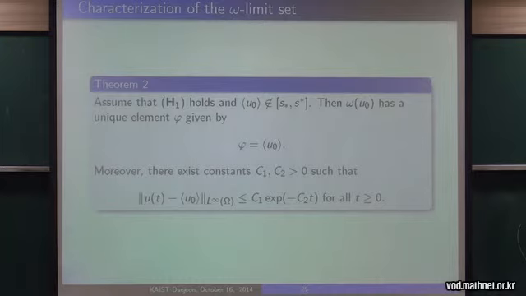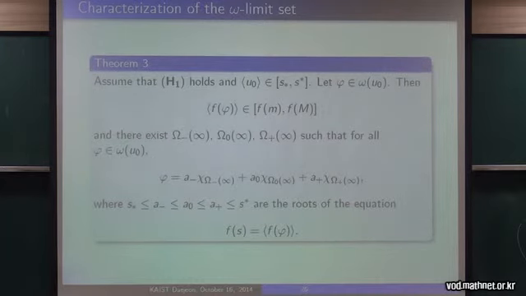Okay, so now we can also look at what is the situation when again we have H1, but this time average of U naught is in between S lower star and S upper star. Suppose that phi is in omega of U naught, then we have that average of f of phi is bounded from below by f of small m and bounded from above by f of capital M. So you see that's where small m and capital M start playing a role.